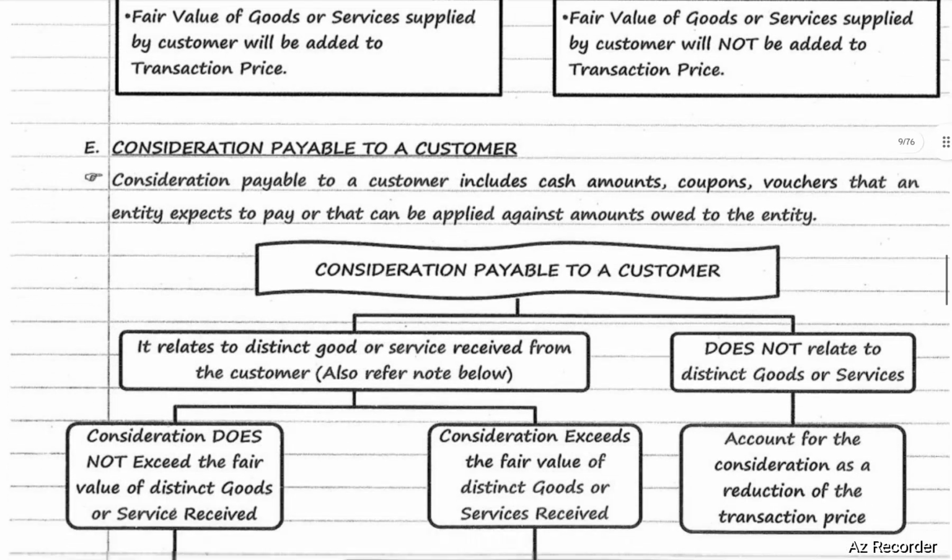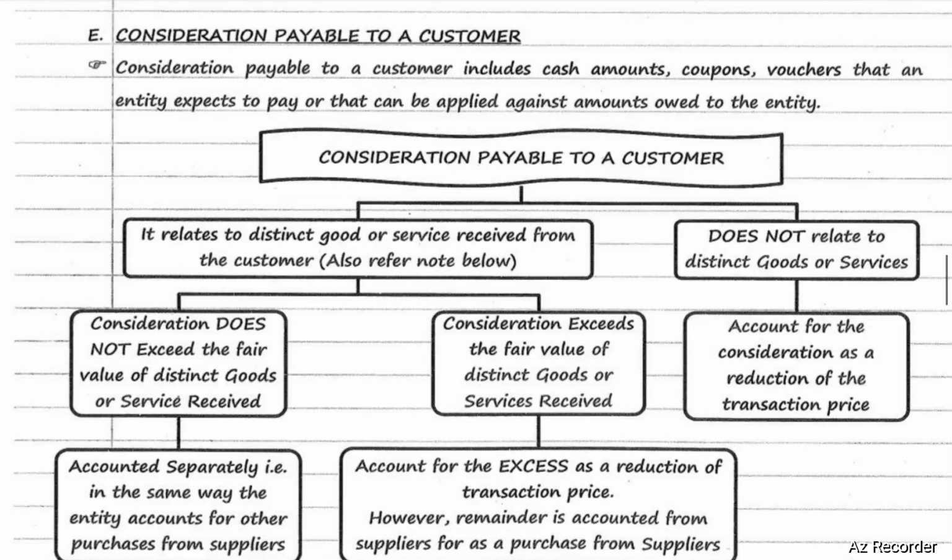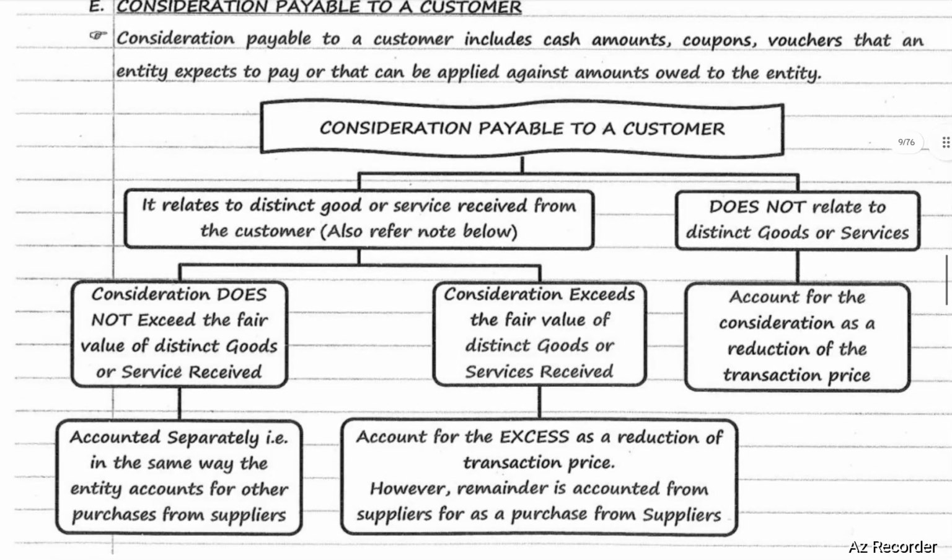Next, consideration payable to a customer. Consideration payable to a customer includes cash amounts, coupons, or vouchers that an entity expects to pay or that may be applied against amounts owed to the entity. If that consideration relates to distinct goods or services received from the customer and the consideration does not exceed the fair value of the distinct goods or services received, then such consideration will be accounted for separately, in the same way the entity accounts for other purchases from suppliers.